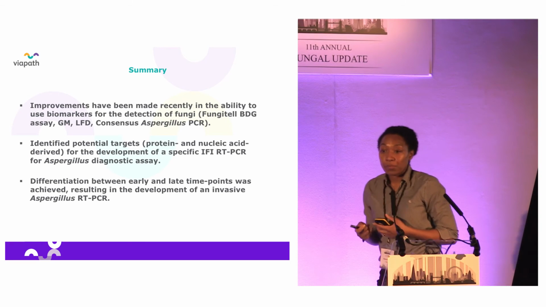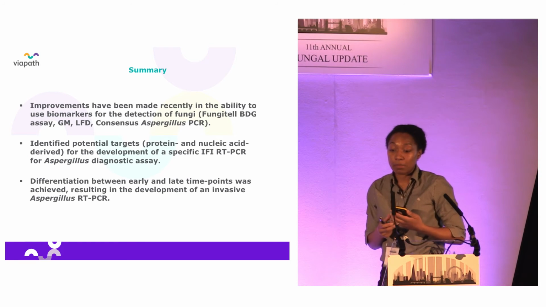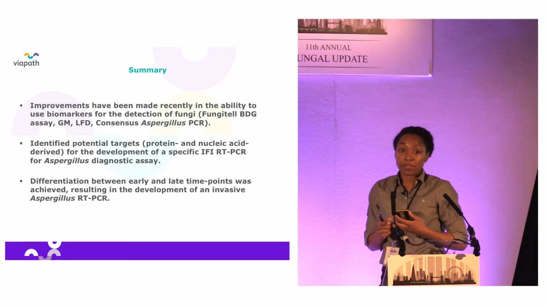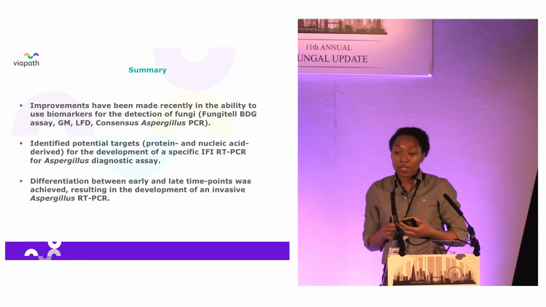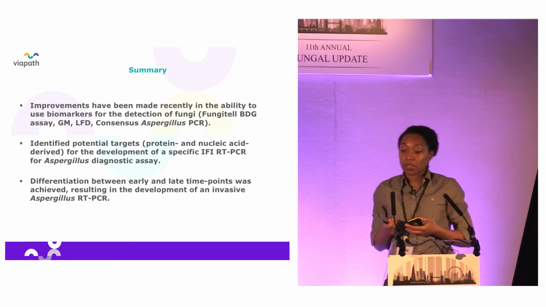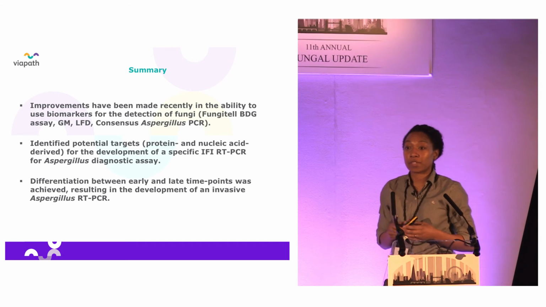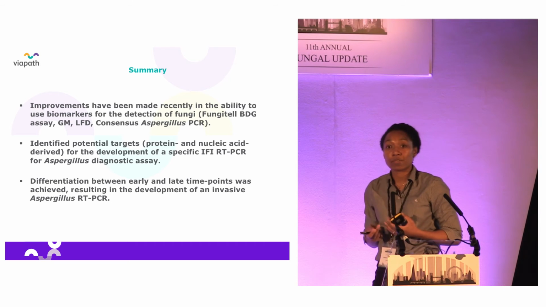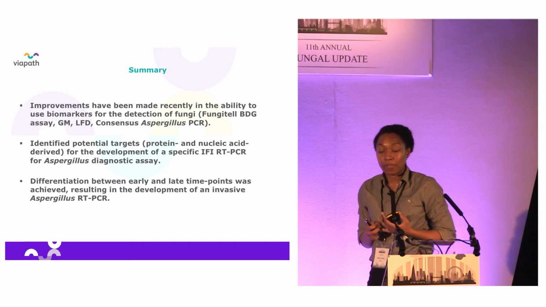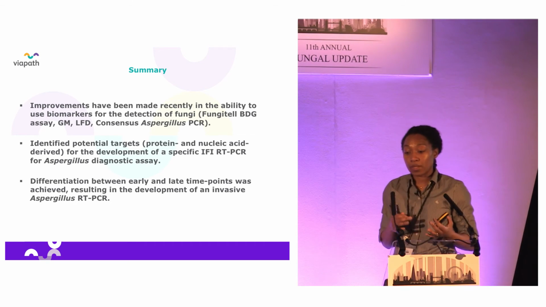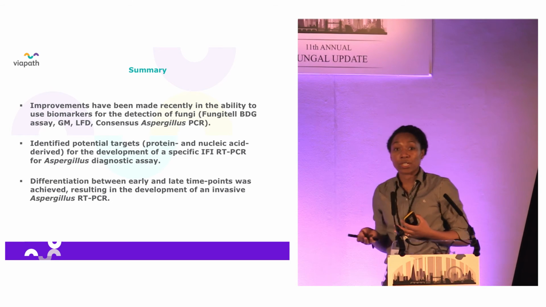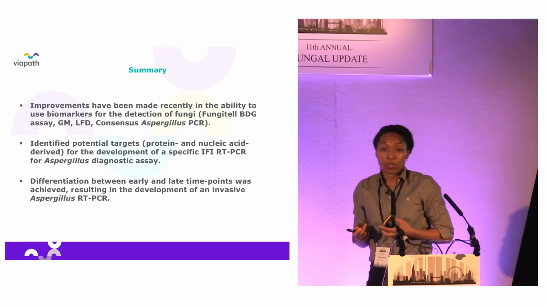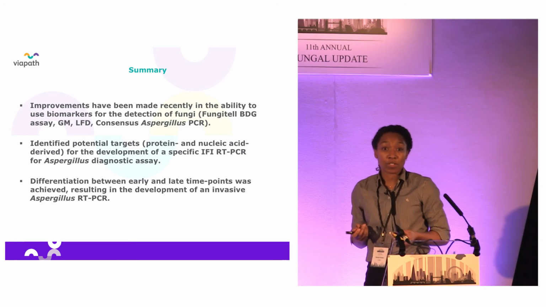So in summary, improvements have been made recently in the ability to use biomarkers for the detection of fungi. I've managed to identify potential targets for the development of a specific invasive fungal infection RT-PCR for the diagnosis of Aspergillus. The differentiation between early and late time points was achieved, resulting in the development of an invasive Aspergillus RT-PCR.